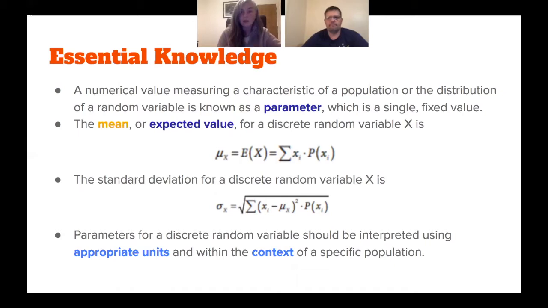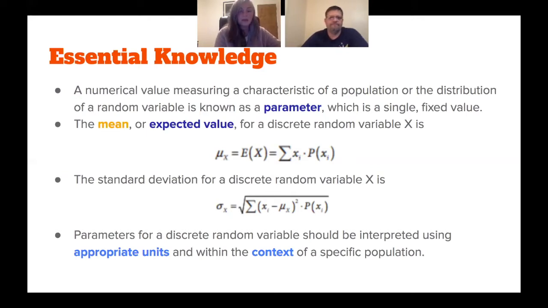Remember that range is one number and you subtract big minus small. If you're going to use range to talk about variability, remember, you only use range with median. And when you start talking about mean, which we're going to be doing a lot more often, then you need to use standard deviation. And that's what we're going to be talking about tonight.